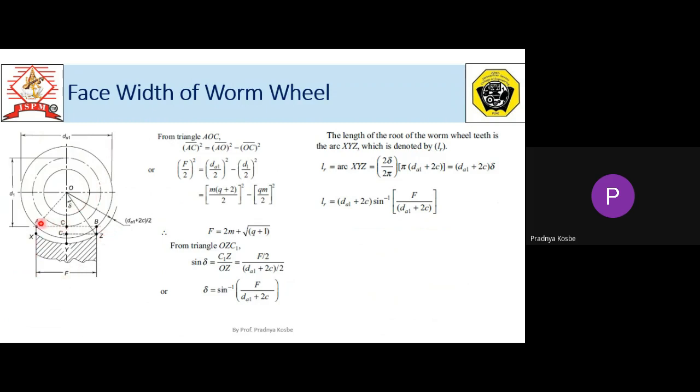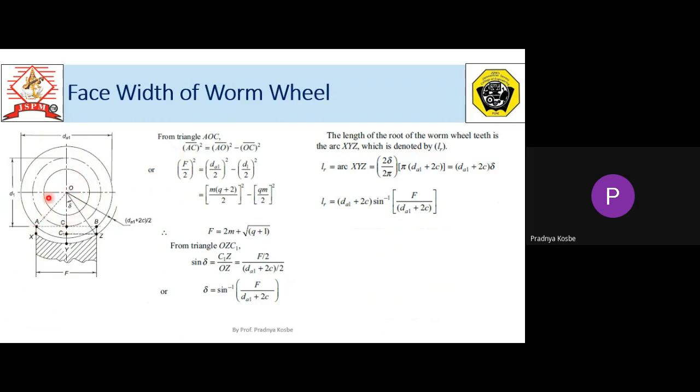Now from triangle AOC, we can write according to Pythagoras theorem that AC square plus OC square is equal to AO square.